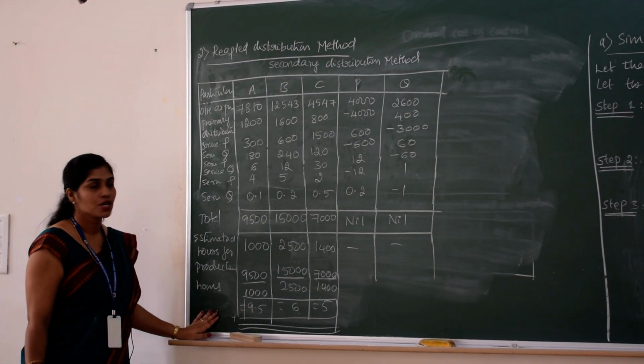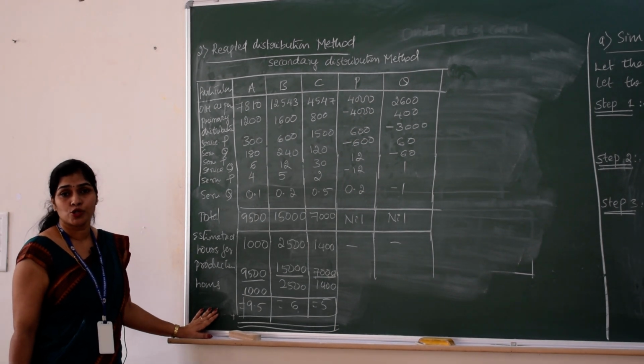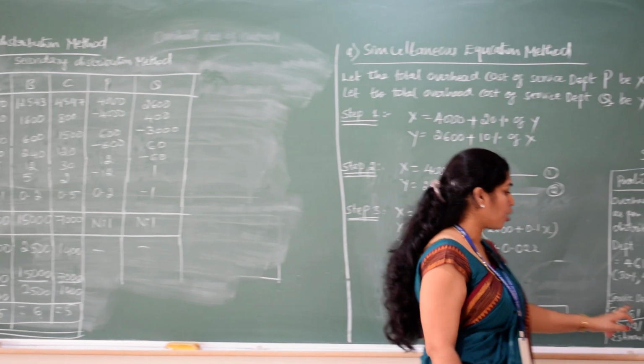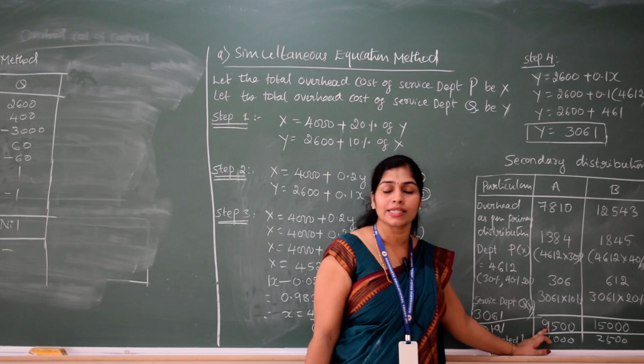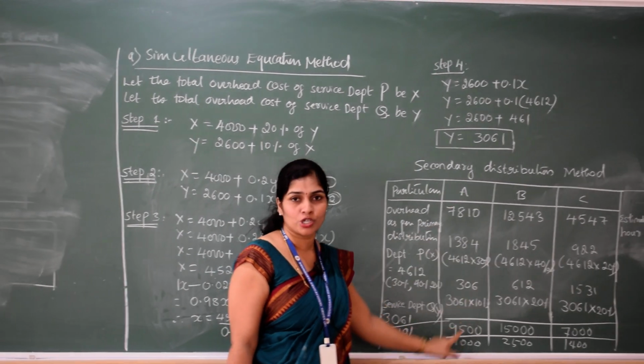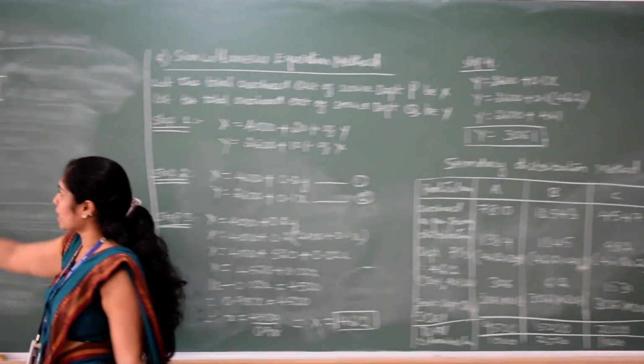Is it clear? So this is the repeated distribution method. Almost the same output as the simultaneous equation output. See the totals for the simultaneous equation: production department A 9,500, and here also the same 9,500.